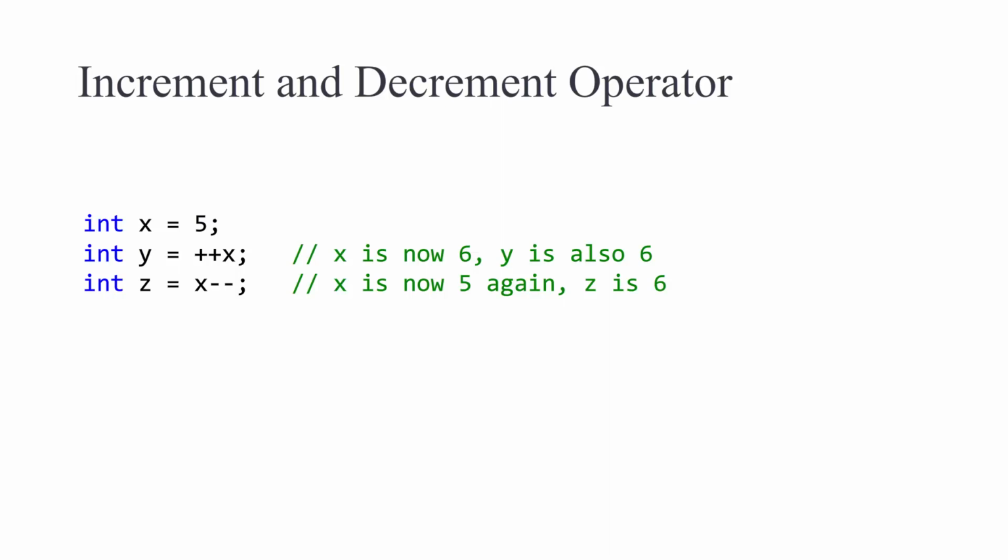So both x and y are equal to 6. The x-- statement assigns the current value of x to z before decreasing it by 1. So z is equal to 6, while x is equal to 5 again.